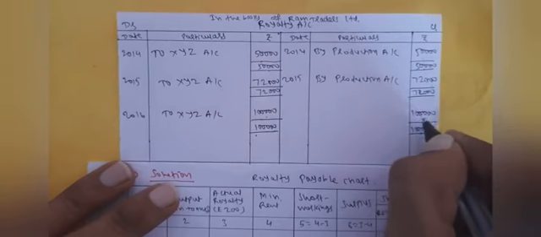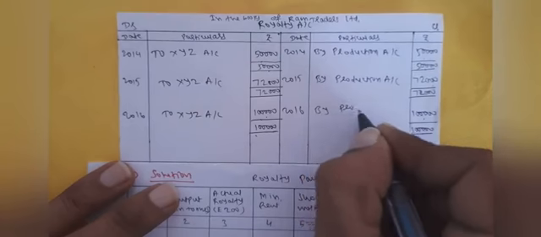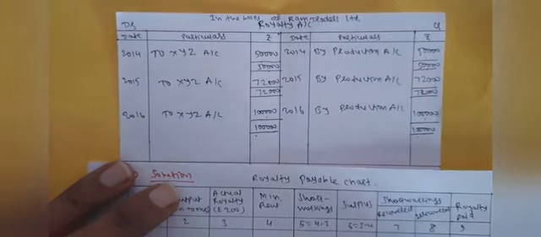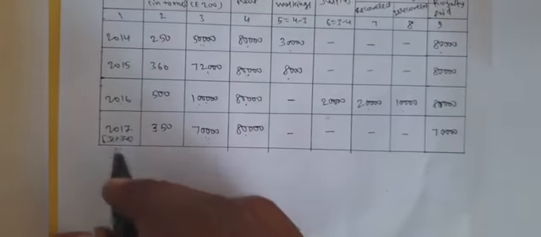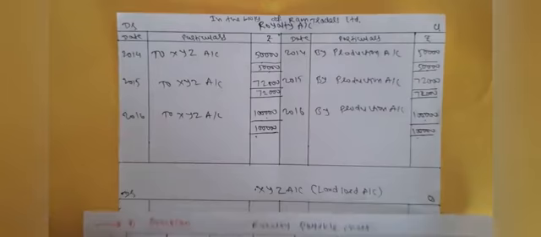So this 1 lakh should be transferred to production account, by production account. Now in 2017 it is 70,000. So I will write it here.